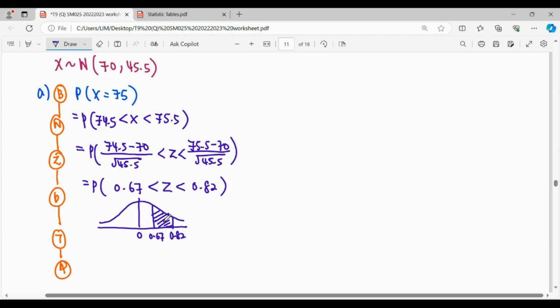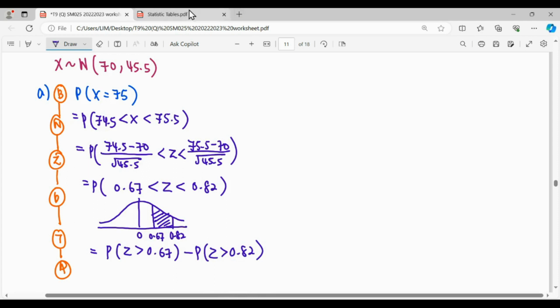Finding this area is equivalent to finding the probability. To use the table, we always remember the table only has the right tail. So we start from the right tail table reading 0.67, minus the right tail of 0.82.